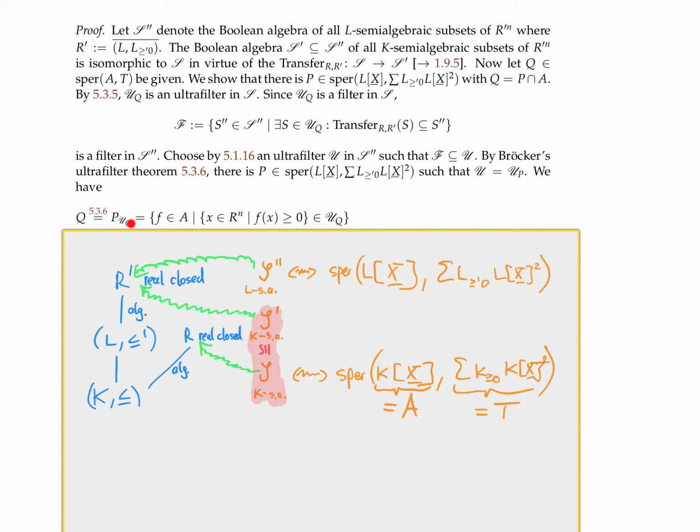And by the definition of this PU, that's the set of all F in A such that the non-negativity set of F is a filter set. That means it's an element of UQ.